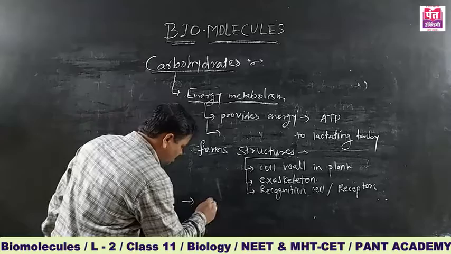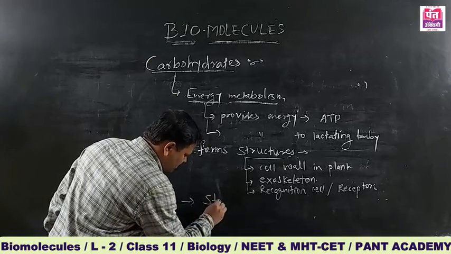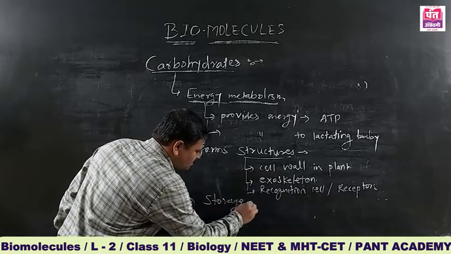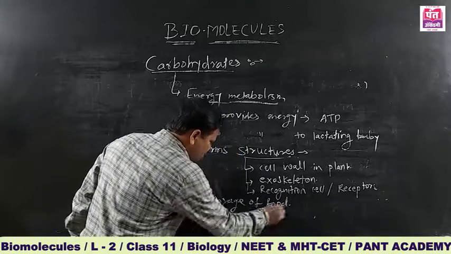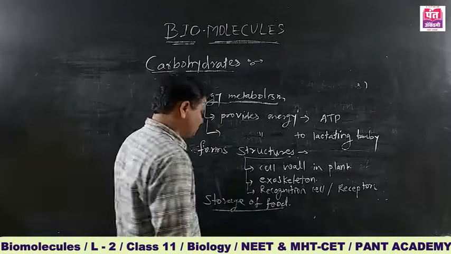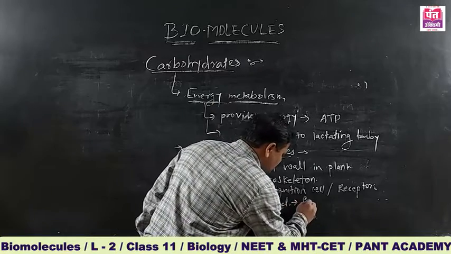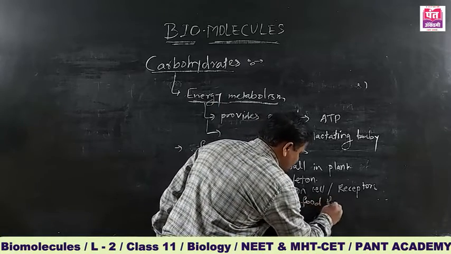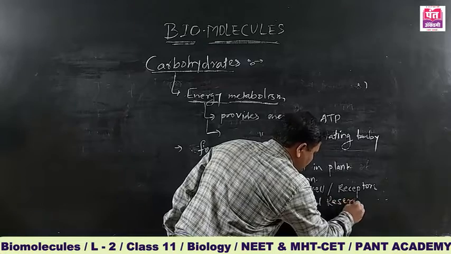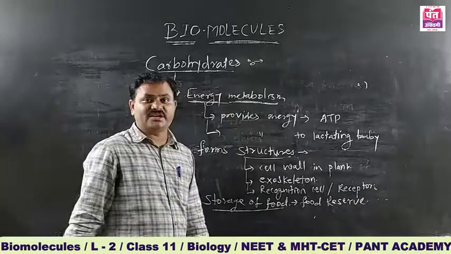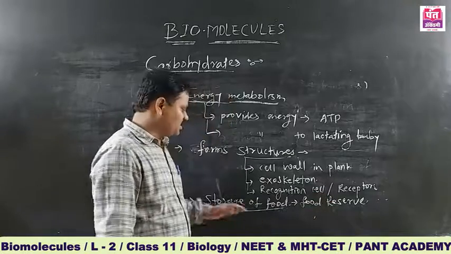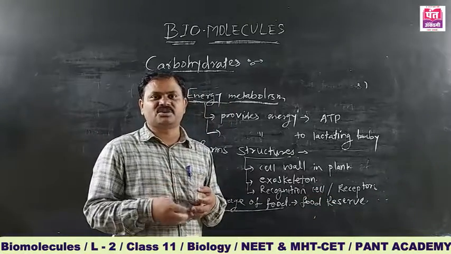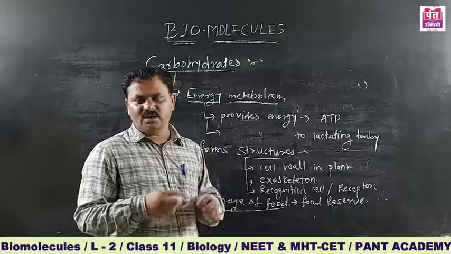It is very important in the storage of food material, or it acts as a reserve of food material. It acts as a food reserve, such as starch and glycogen, which act as a reserve for food material, and therefore it is stored in different parts of the body of a living organism.